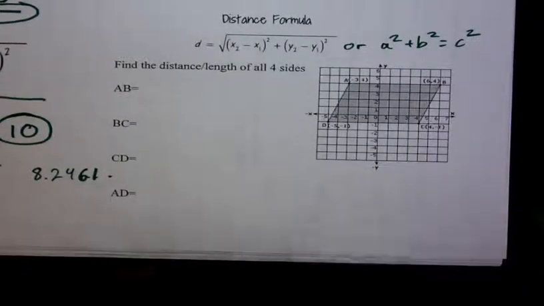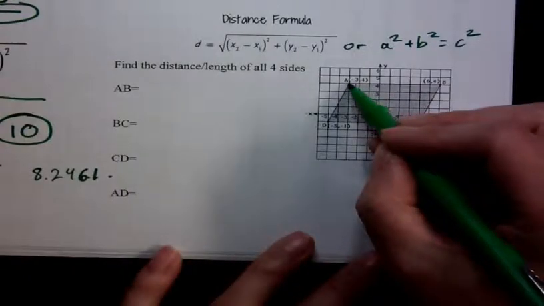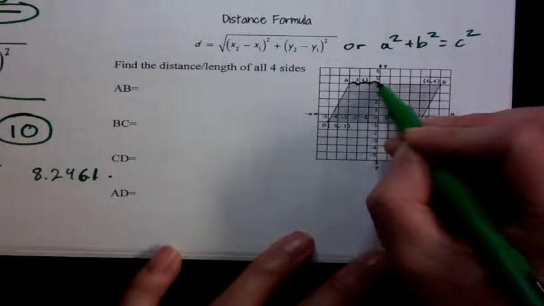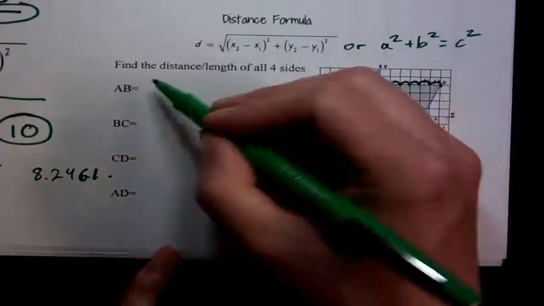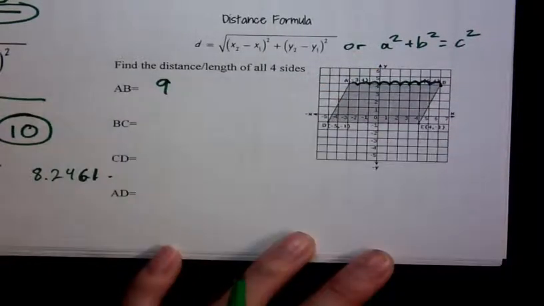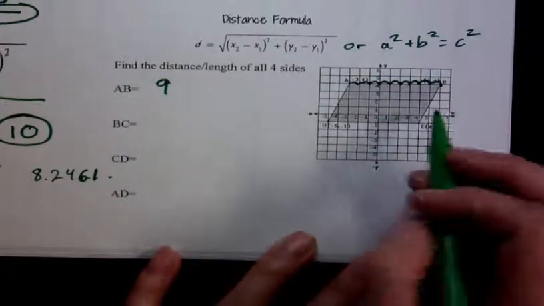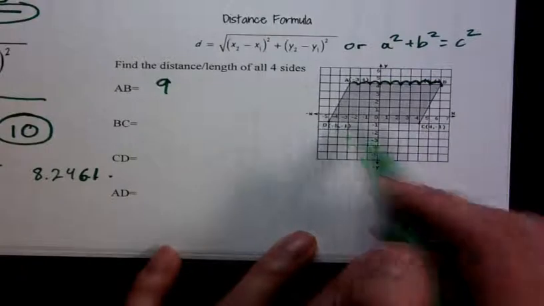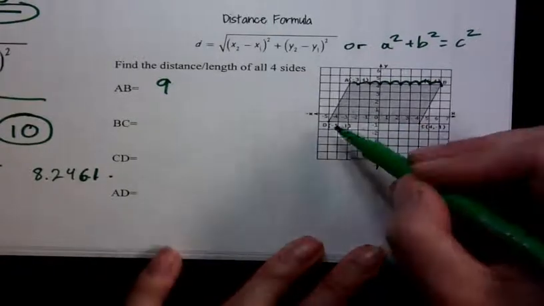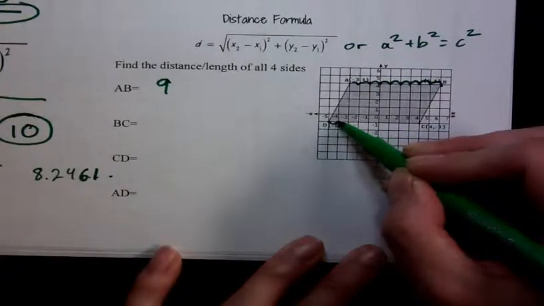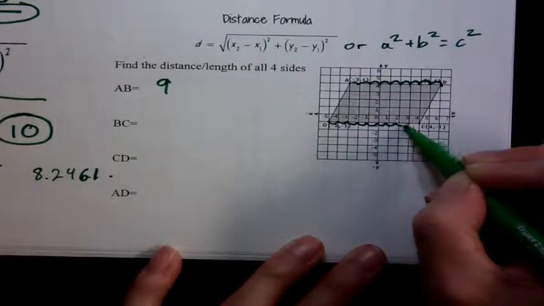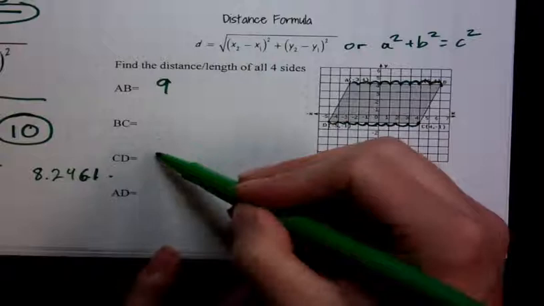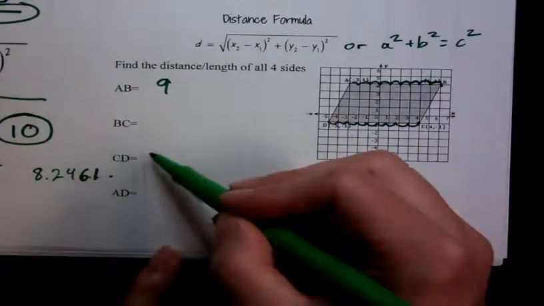Yes. Is that going to be a whole number if I just count it? Yeah, so 1, 2, 3, 4, 5, 6, 7, 8, 9. That's it. If you ever have a straight line along one of the axes or along one of the grid lines, you just count it. And CD: 1, 2, 3, 4, 5, 6, 7, 8, 9. So CD is also 9.